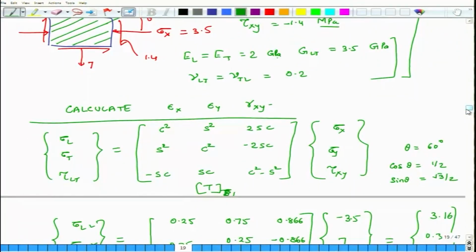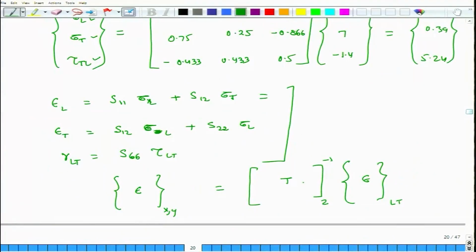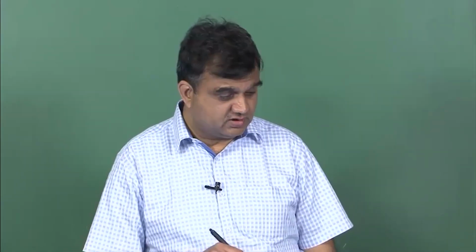Effectively, you replace theta by minus theta, and that will give you the inverse. So, you put minus 60 degrees and that will very quickly give you the solution.